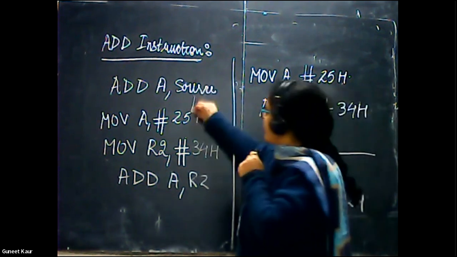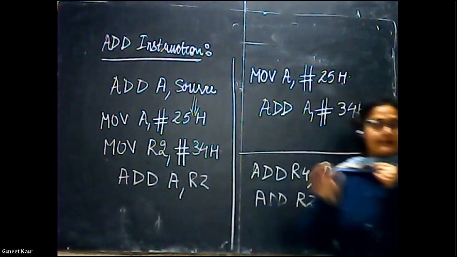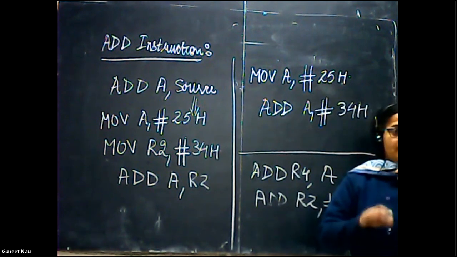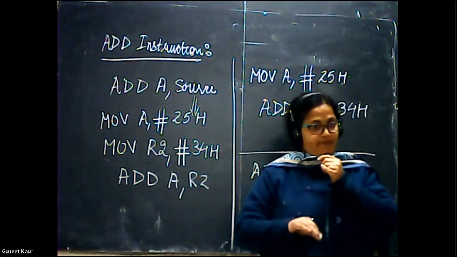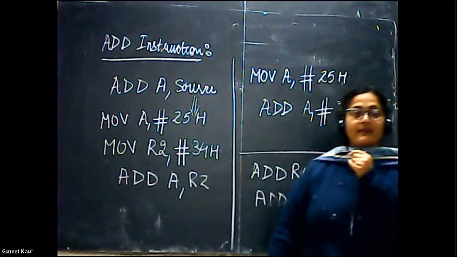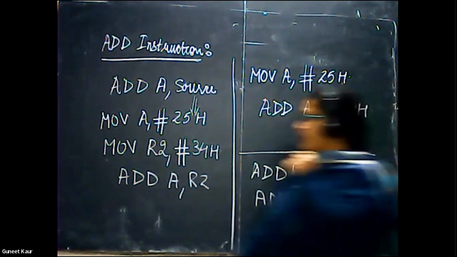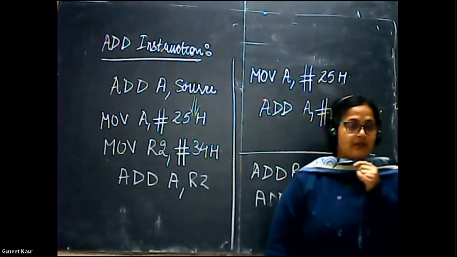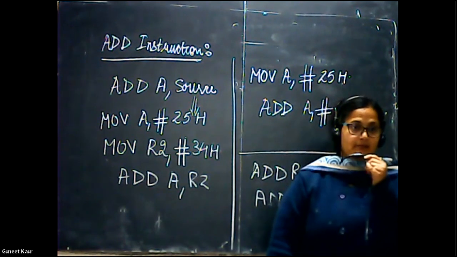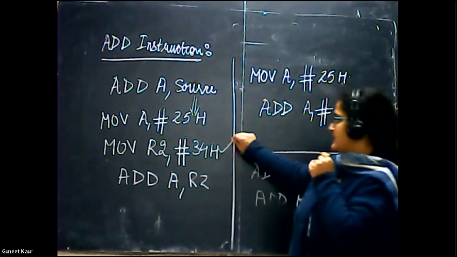So this will act as your source, and this data is to be copied into register A. After the execution of this instruction, the accumulator content will be equal to 25h. H means hexadecimal.